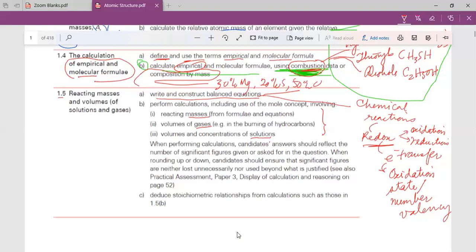So there's a question later, F2O, which means that oxygen here has 1, 2, 3, 4, 5, 6, and there's fluorine here, crosses here.